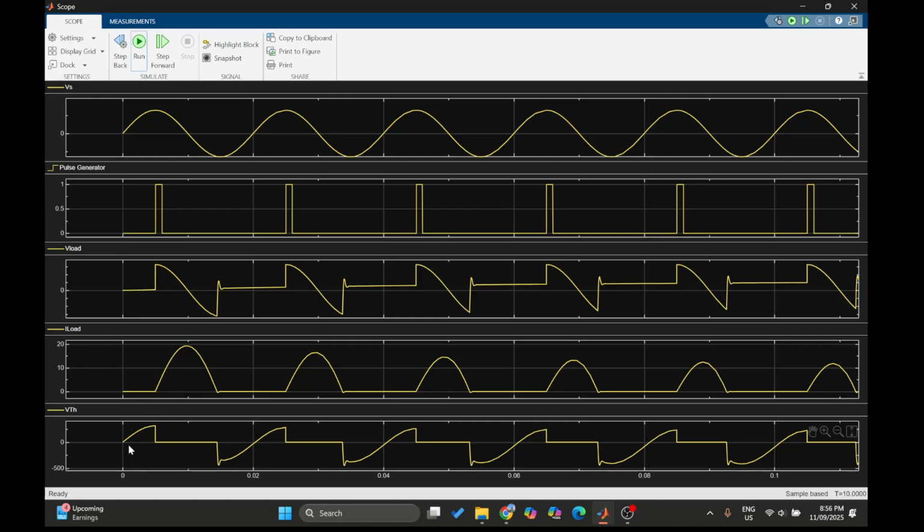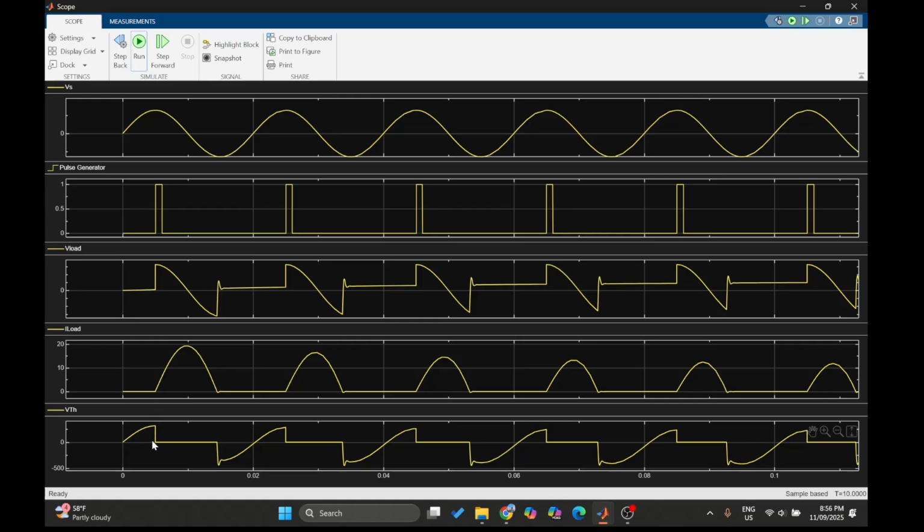And the voltage across the thyristor: initially the thyristor is reverse biased and it's not conducting, so it has some voltage.